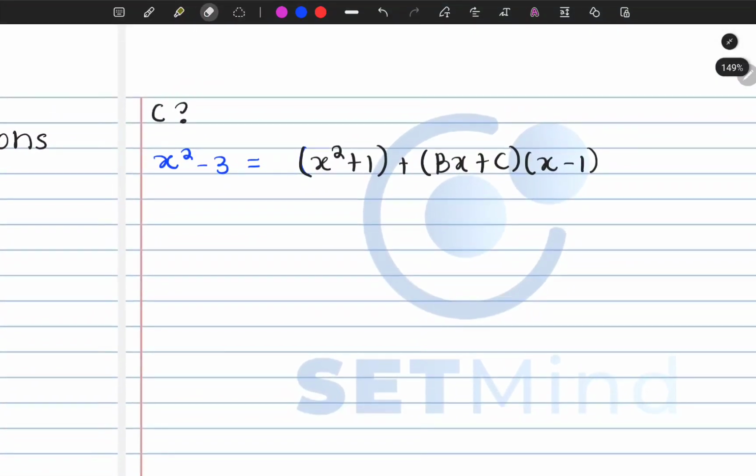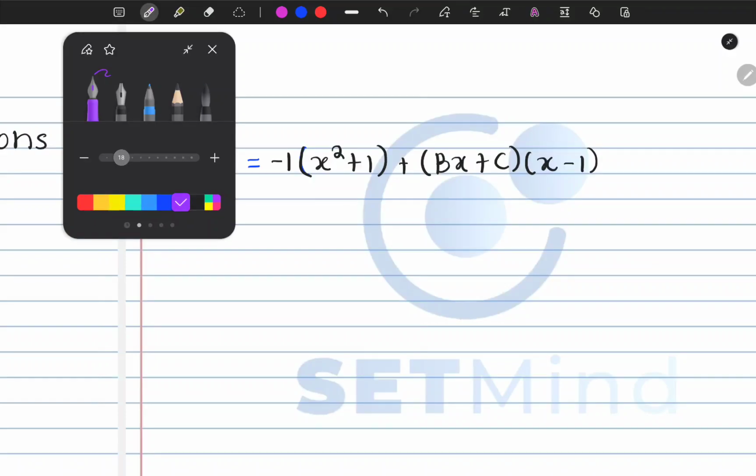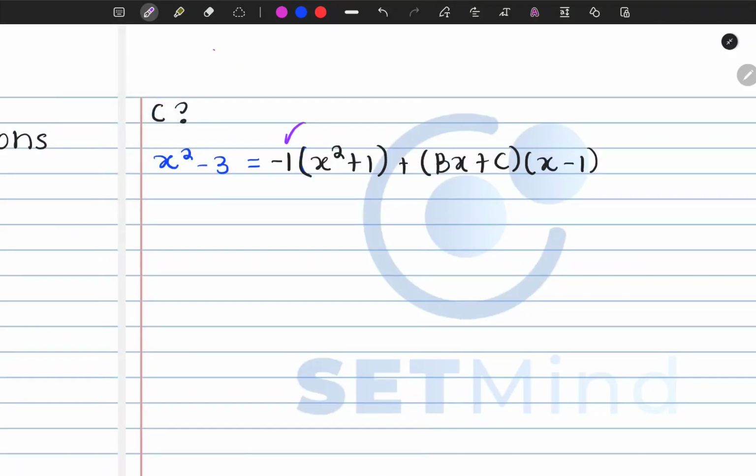We found a as -1, like that. Because we have substituted a, here what we did was just sub a is -1.